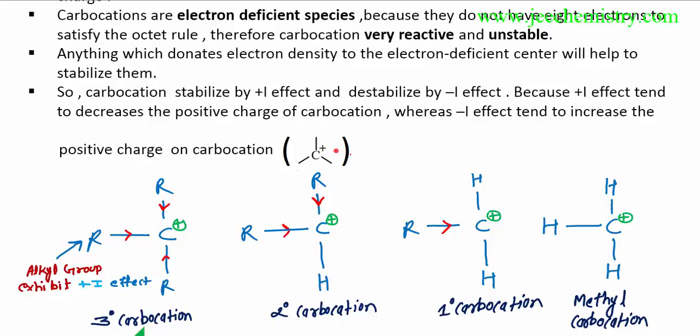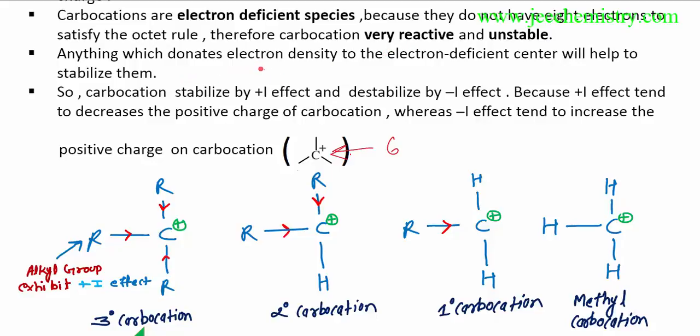So it wants more and more electrons to stabilize its valency and fulfill its octet. It has 6 electrons, so it will try to attract electrons so that it can stabilize. I have already written that carbocations are electron deficient species because they do not have enough electrons to satisfy the octet rule. Therefore a carbocation is very reactive and unstable.